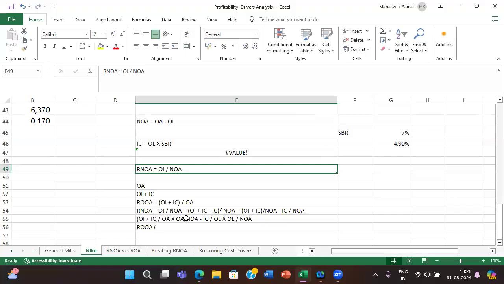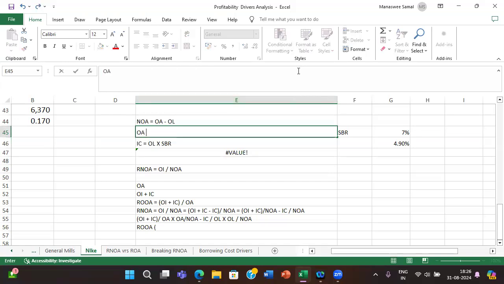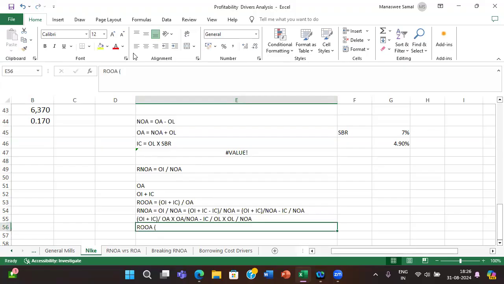Therefore, here you have OA divided by NOA. Therefore, don't you think OA should be equal to NOA plus OL, isn't it? It's just derivation. OA is equal to NOA plus OL. So please bring these two variables in the place of OA, here, this component OA by NOA, okay? So I go like this: OA is equal to NOA plus OL, divided by, as usual, I have NOA.